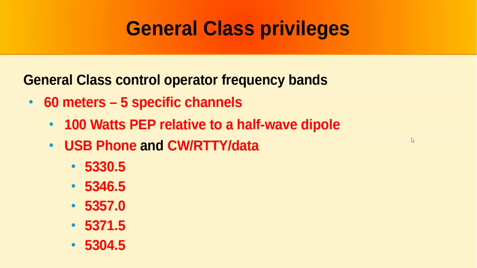If you look at the ARRL chart, it tells you what frequency to use for CW or digital, and then it shows you what frequency to use for upper sideband. So you've got 5330.5, which is the channel frequency, okay? That is the frequency you see right there, and it's the one for the first channel.